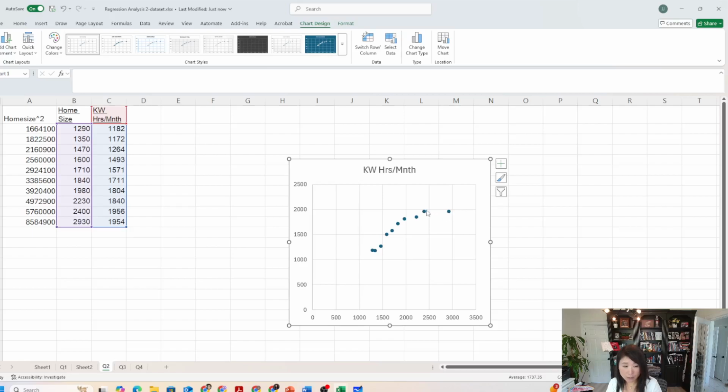Once the home size reaches here, we get the highest electricity consumption. If the home size is bigger than that, the electricity consumption slowly goes down. Maybe larger houses have better ventilation systems, better utilize the heat, or have more fans. I don't know the reason behind it, but we do see there is a peak.